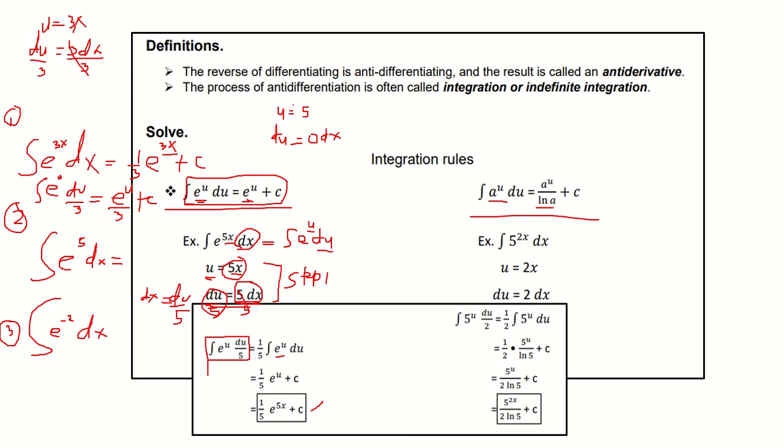Okay. So, number 1, okay na. Number 2 and 3, that should be the next natin na session. Explain ko ito. Okay. Next is this one. Integral of a^u du. The integral of a to the u du is equal to a to the u over ln of a plus c.